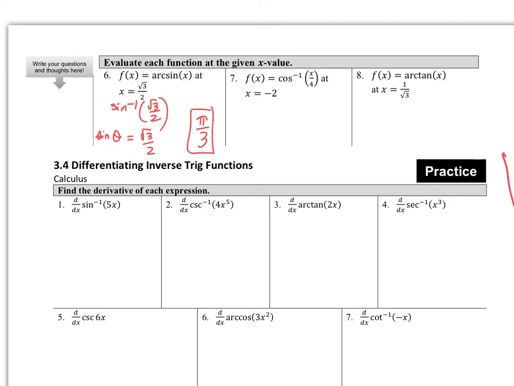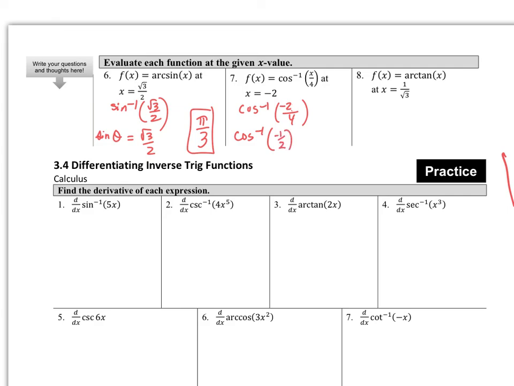On number 7, the inverse cosine of x over 4 at x equals negative 2. Well, if I plug that in, this gives me the inverse cosine of negative 2 over 4. I need to take the x out, because that x should not be there. So this would be negative 1/2.